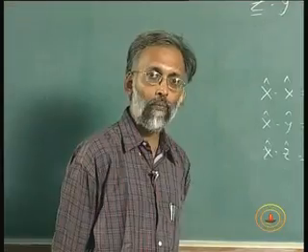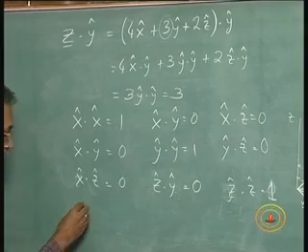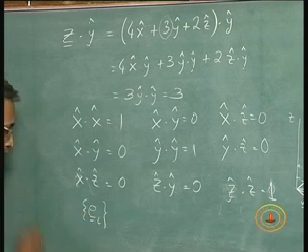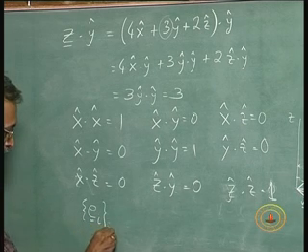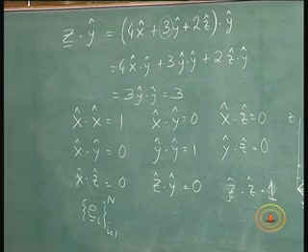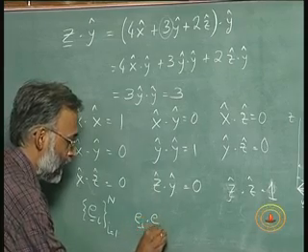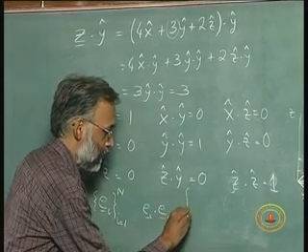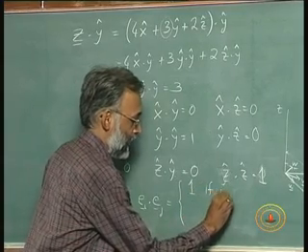This is the general property of an orthonormal system. So, if I have a system consisting of vectors e_i, and I want to say they are orthonormal, so I will go from 1 to, let us say, n, then I will say that if I take any e_i, dot it with any e_j, the answer will be 1 if i equals j.